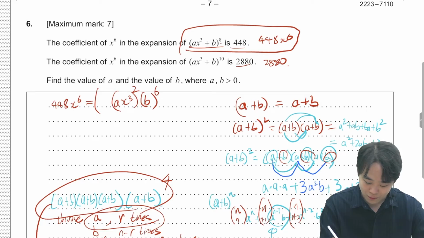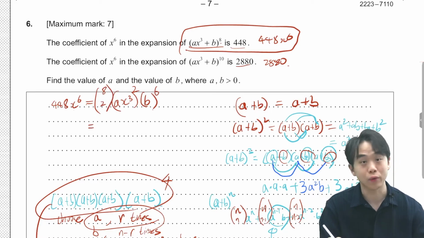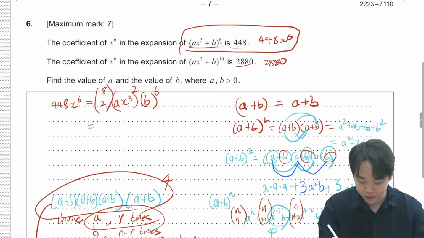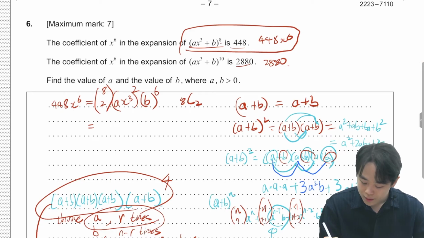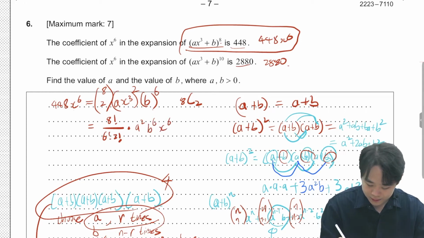In front of that, we want to do 8 choose 2. So that's how we set up an equation for a and b. 8 choose 2, you could put that in your calculator, or we could set up an equation like 8 factorial over 6 factorial times 2 factorial. This is all in your formula booklet. Then we do a squared, b^6, x to the power of 6. That's going to be 448 x to the power of 6.